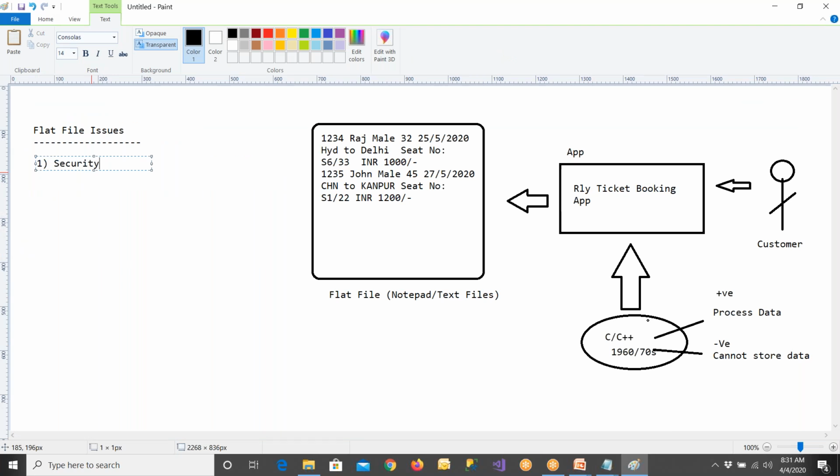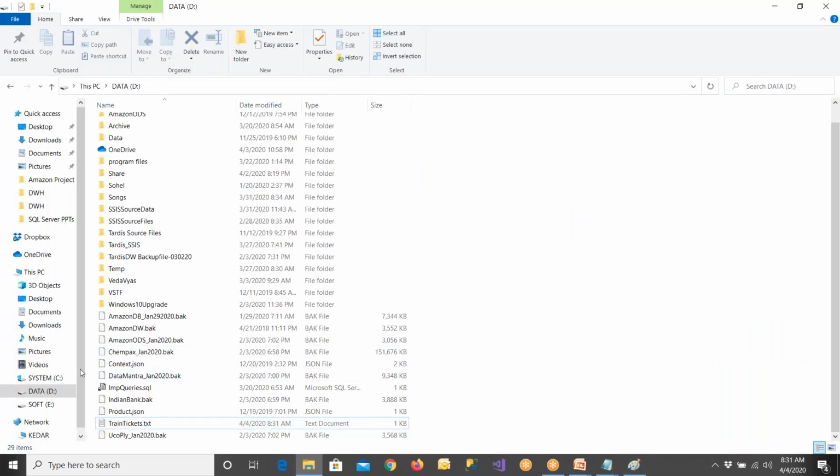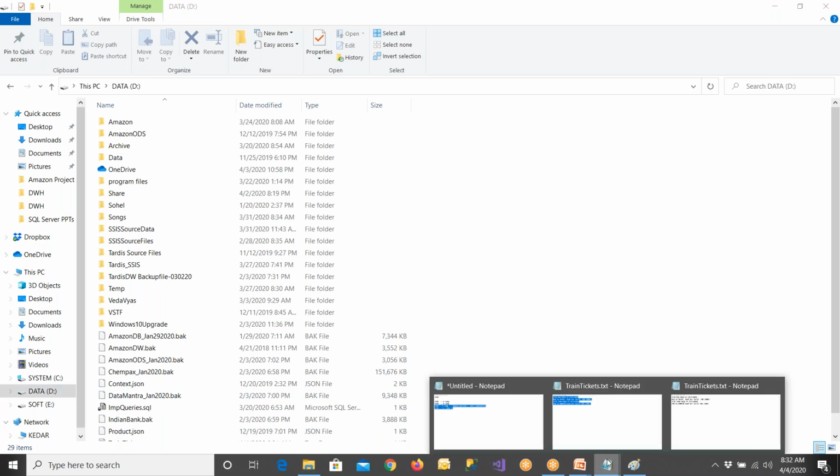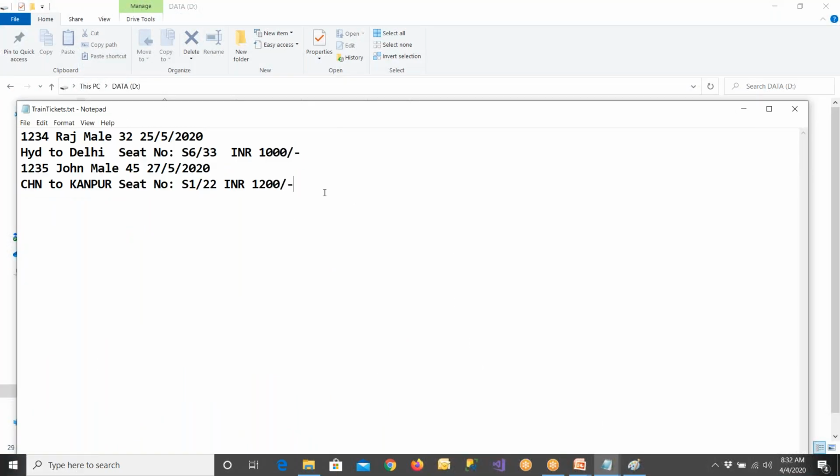Security means people who have access to these computers. I can use my computer and others also can. I am also booking train tickets. I'm an employee of this company, so not only me, others also can use the computer, and anybody can easily steal the data, anybody can easily tamper with the data, anybody can easily delete the data as well.